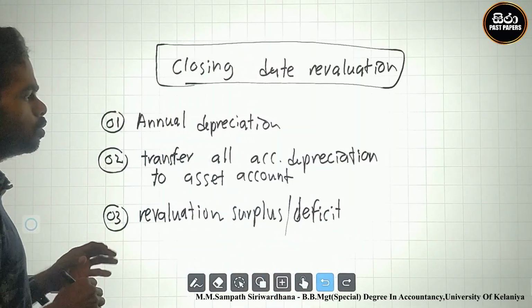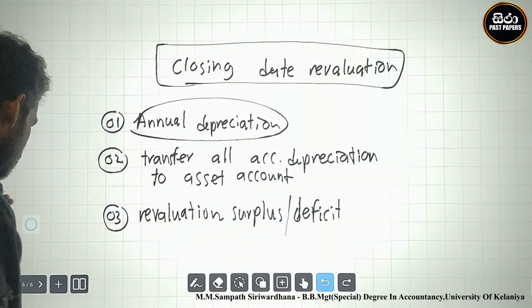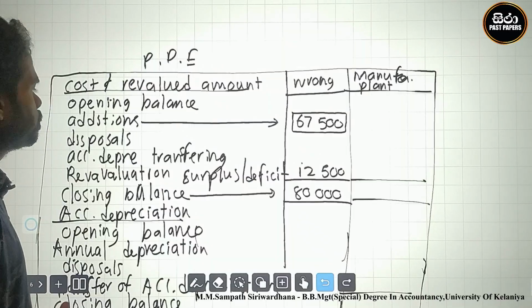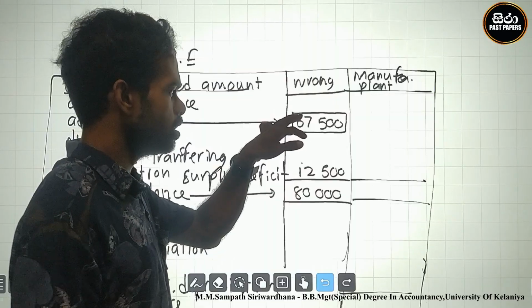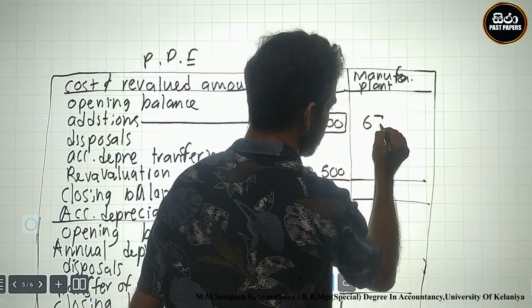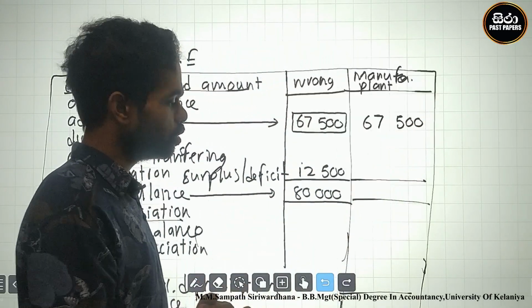Okay, firstly you must identify the annual depreciation. How can we identify the annual depreciation? You know, this addition is cost, 67,500. This is the correct answer. Therefore, correctly I added this one. The revaluation amount is 80,000.